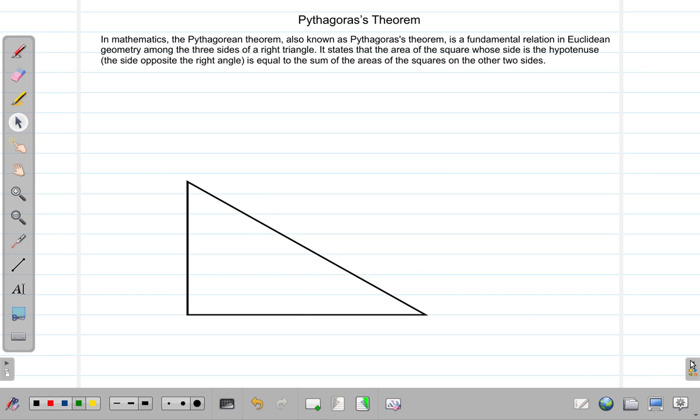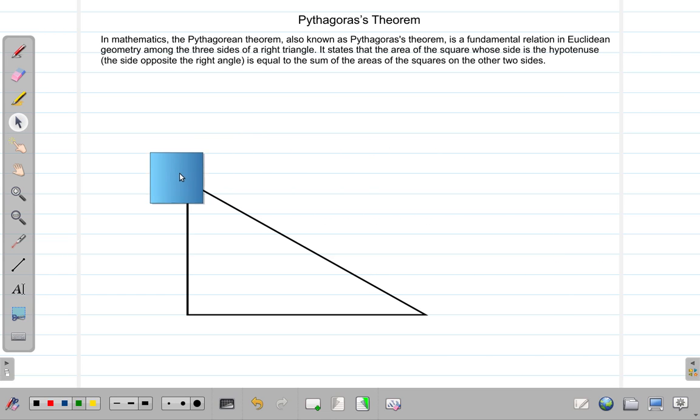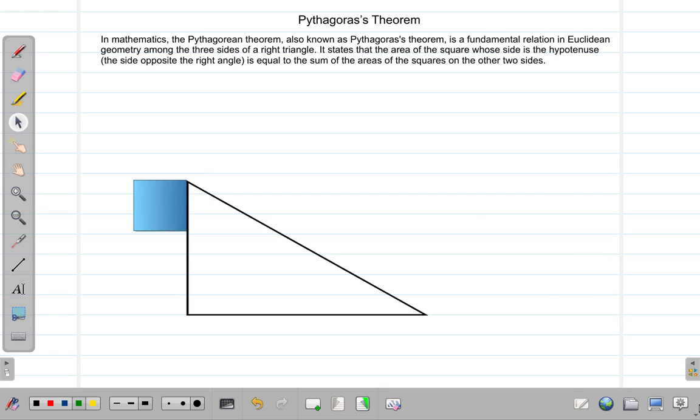Let's see something. Let me get a square. Alright, let's get a blue square, and let's put it here. Let me copy this blue square and then paste.